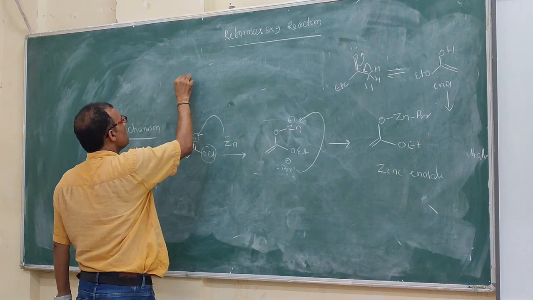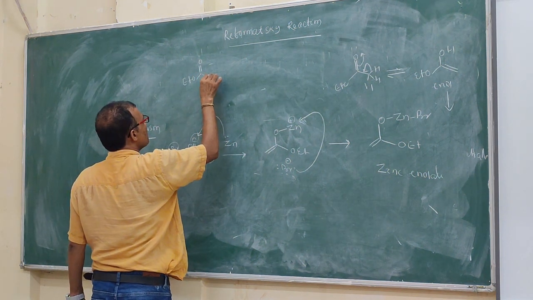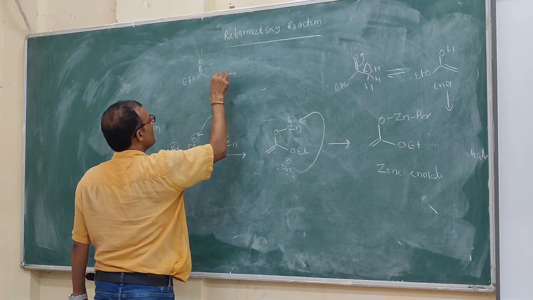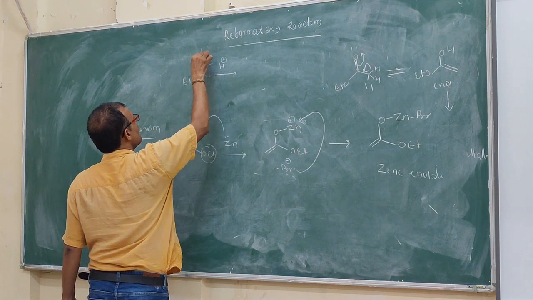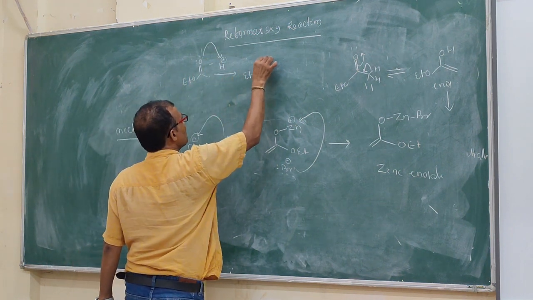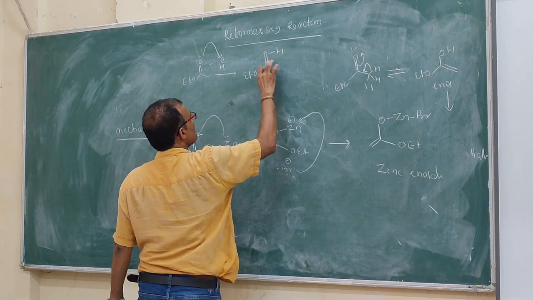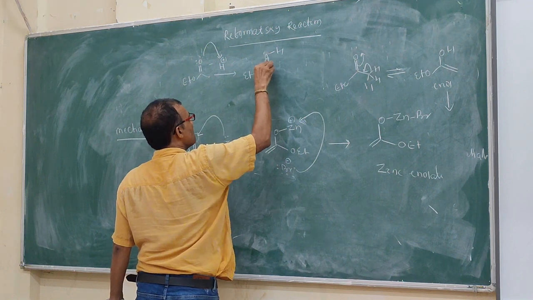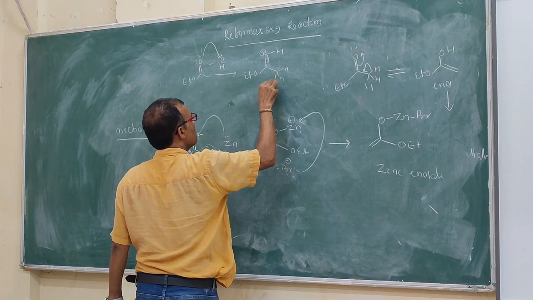So suppose you have this. Suppose you give acid. So this acid will be taken up by this. That means now you get this OH plus. So you have the alpha hydrogens here.